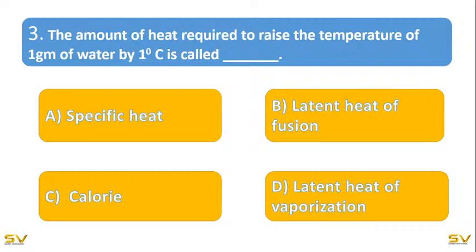Is it A, specific heat, B, latent heat of fusion, C, calorie, or D, latent heat of vaporization? So what is the correct option here?